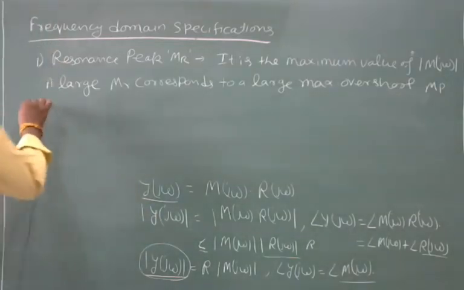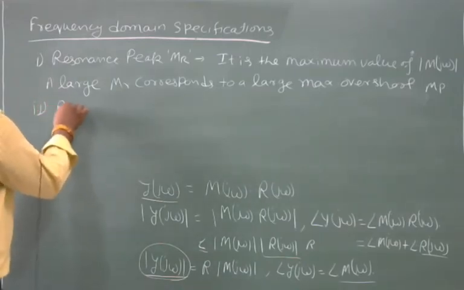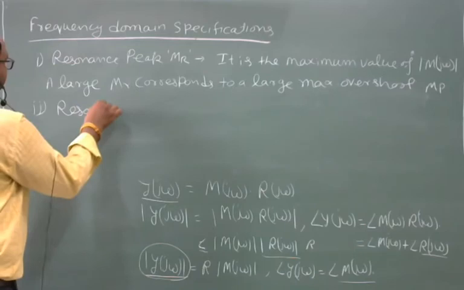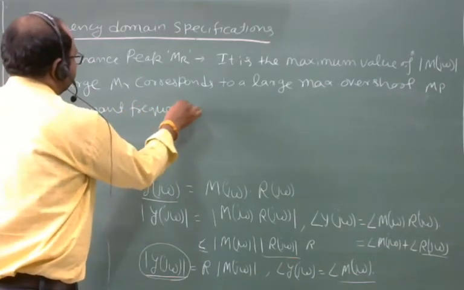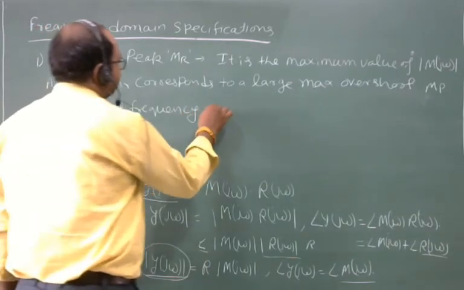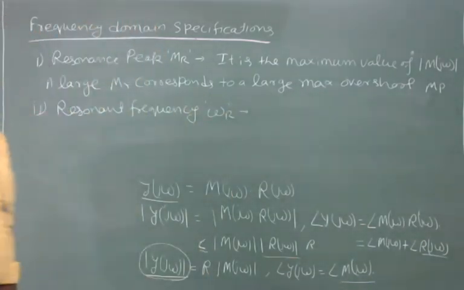Second is resonant frequency, omega r. Resonant frequency omega r.